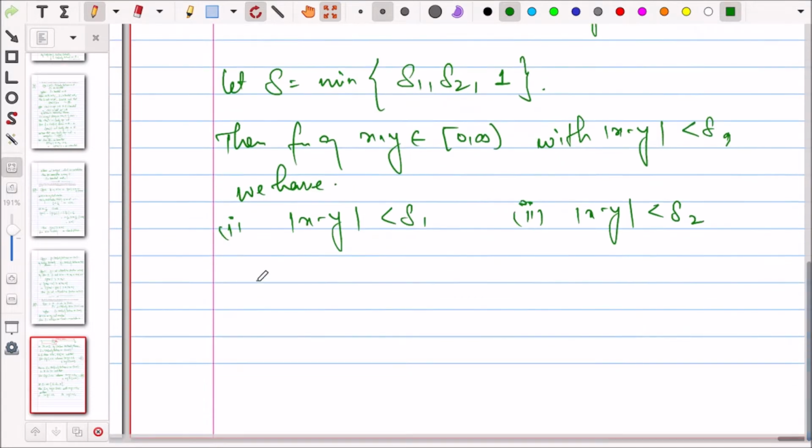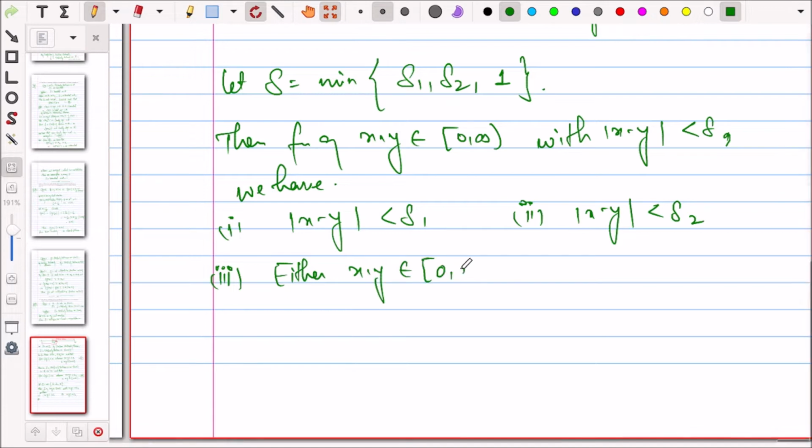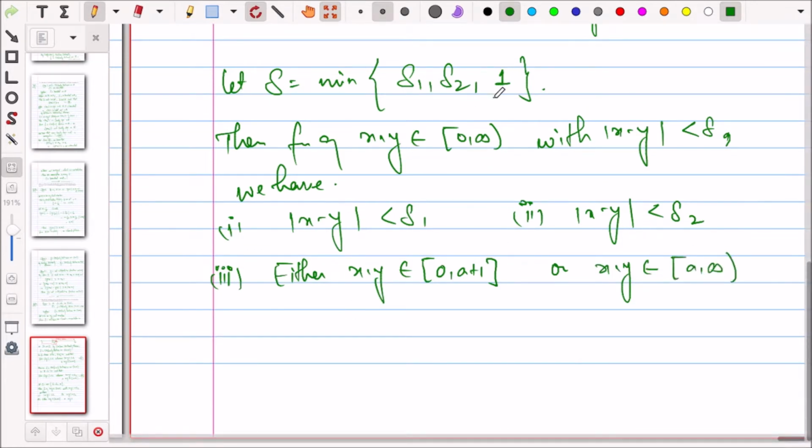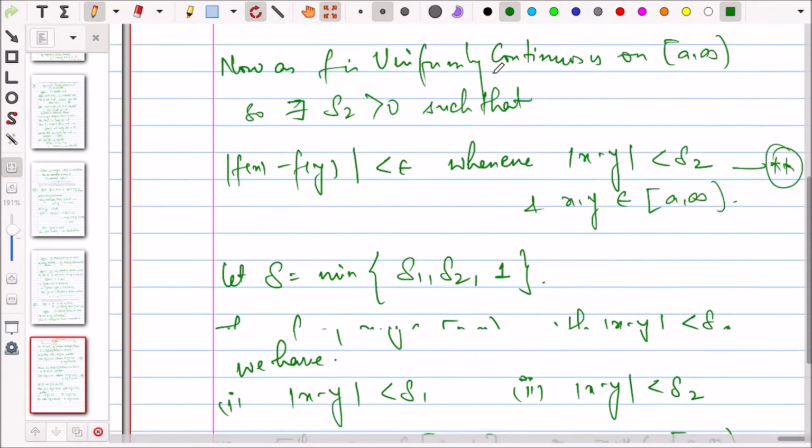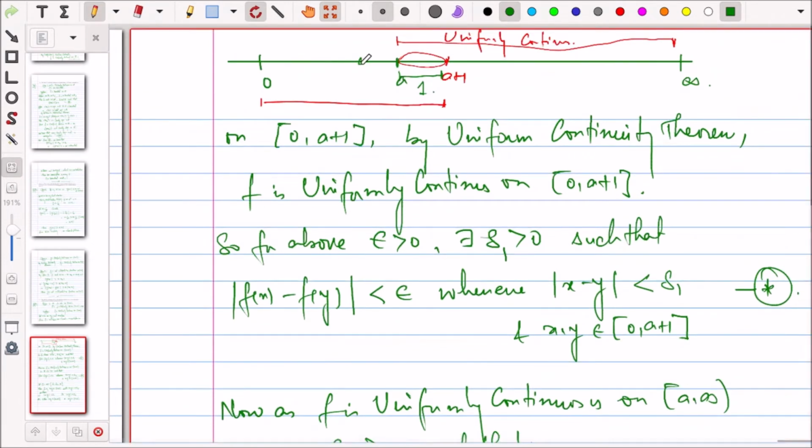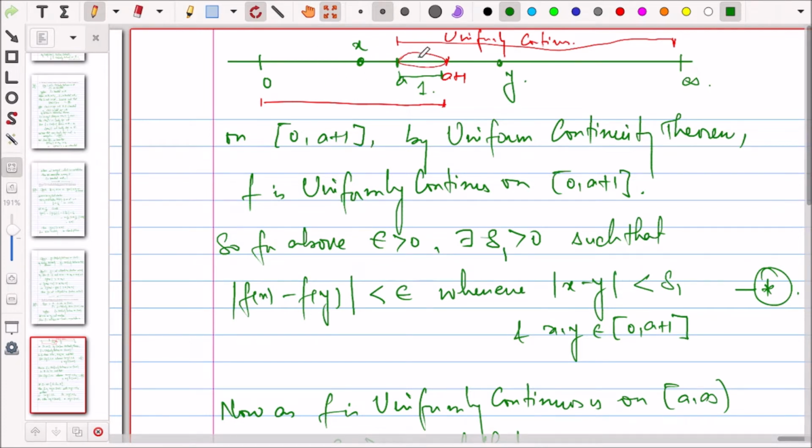And third, either x, y both belong to the interval 0 to a plus 1 or x, y belong to the interval a to infinity. Because of this overlapping condition, there will be no situation where x is in one interval and y is in the other. Both have to belong to either this interval or that interval. That's why we have chosen these overlapping intervals.